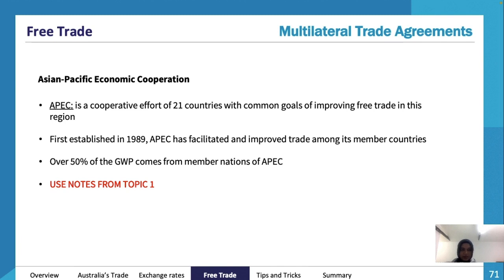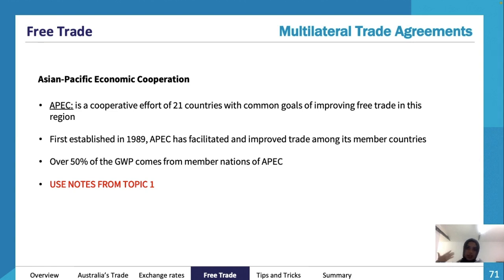So this first one we've got is the Asia Pacific Economic Cooperation. So this is also referred to as APEC. This is a cooperative effort of 21 countries with a common goal of improving free trade in this region. So first established in 1989, APEC has facilitated and improved trade amongst its member countries.